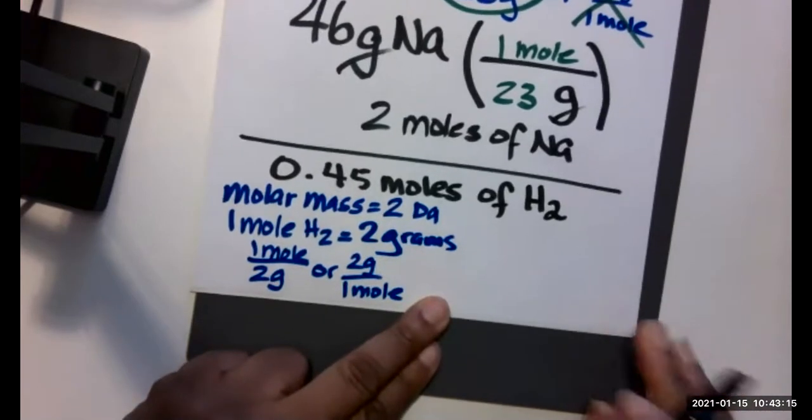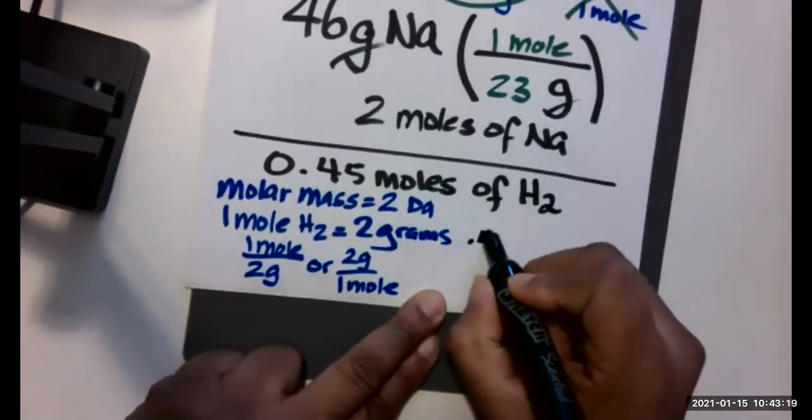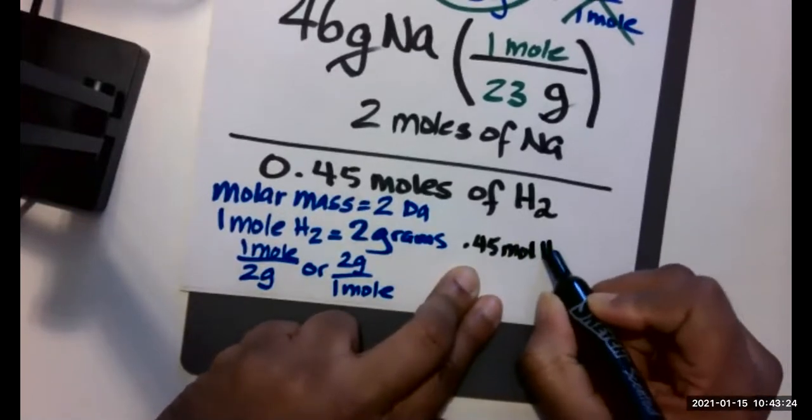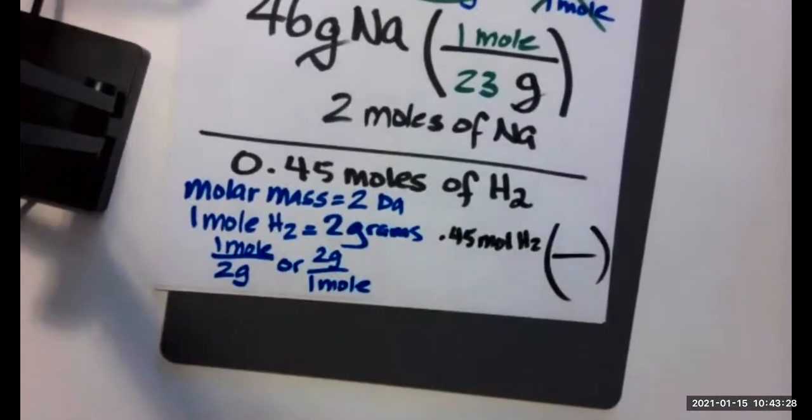You have to take what they gave you. So that's 0.45 moles of hydrogen, and then you use 1 mole over 2 grams.